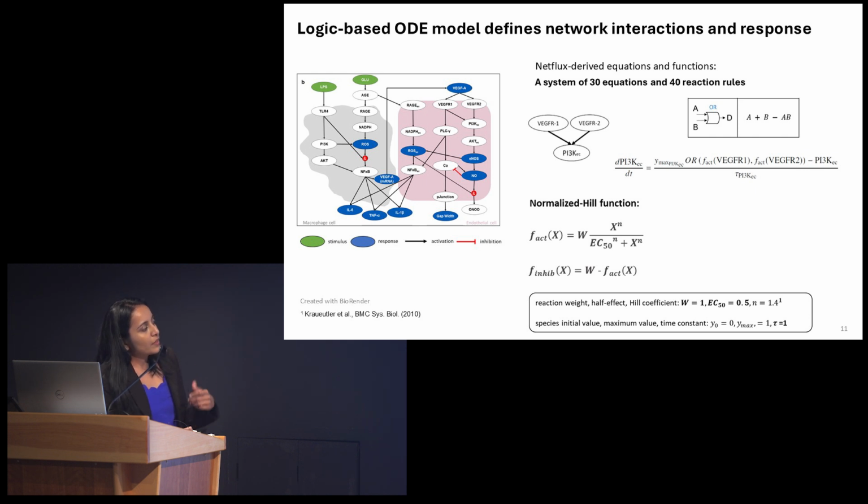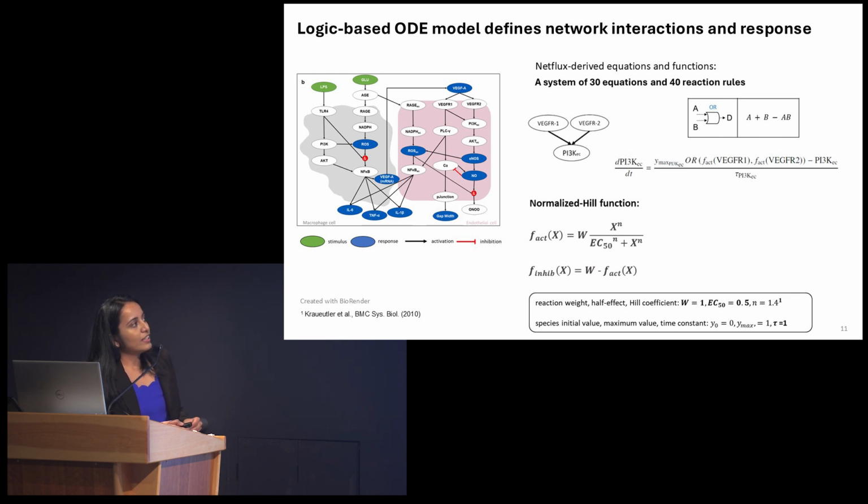And then the protein activity or the activity of each node in the network is measured as a normalized value between 0 and 1, which is computed as an ordinary differential equation that essentially has a source term and a degradation term, where the source term is computed by applying a logic-based gate on the activation or inhibition interaction leading to the activity of that protein.